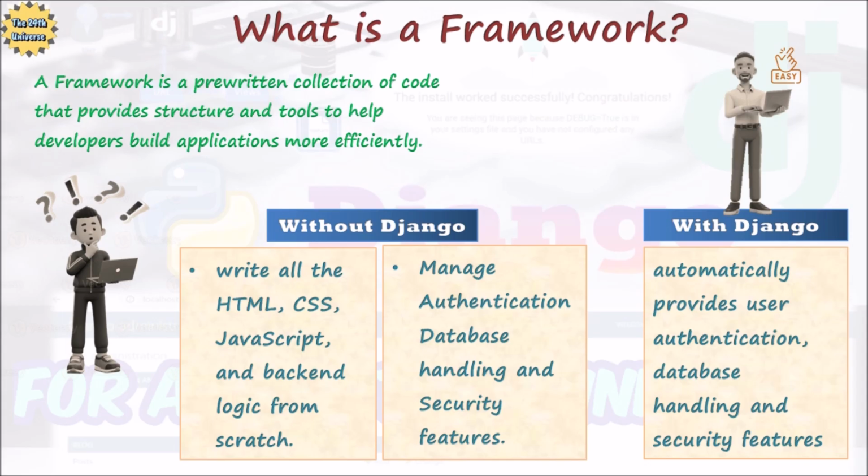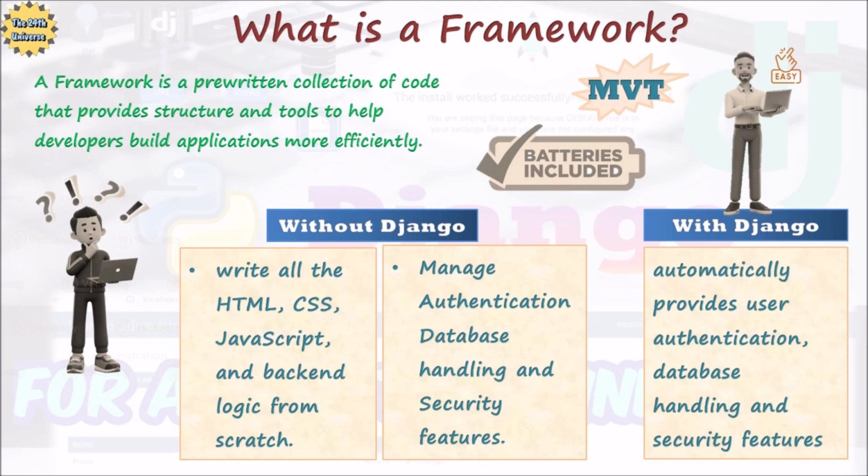Furthermore, Django follows the Model View Template (MVT) architecture, which helps organize code efficiently. The framework is also known for its batteries included approach, meaning it comes with many built-in features to speed up development.